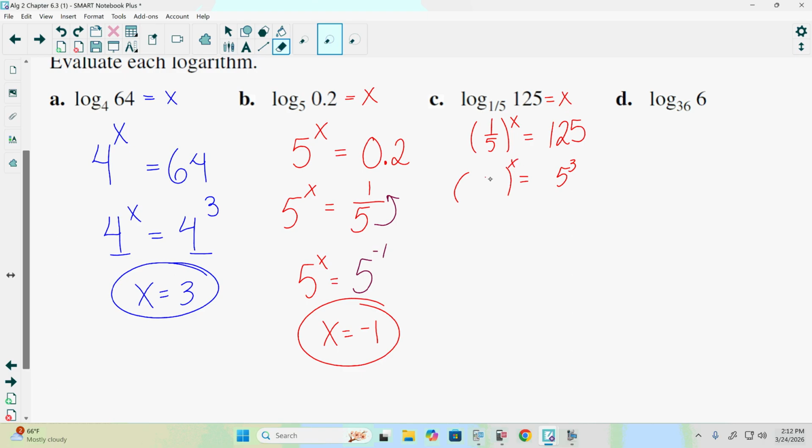On the left-hand side, 1/5, I can bring that 5 from the bottom of the fraction to the top, so it is the same as 5 to the negative 1. Powers of powers multiply, so negative 1 times x is going to be negative x. So we're really saying 5 to the negative x is equal to 5 cubed.